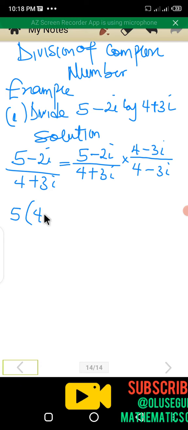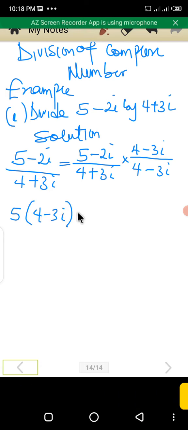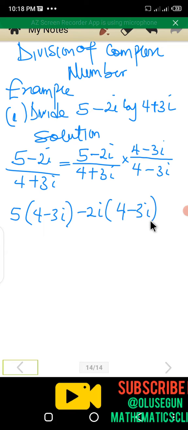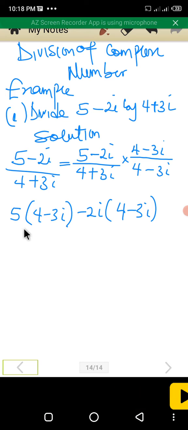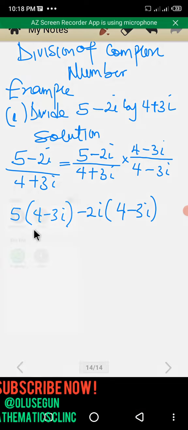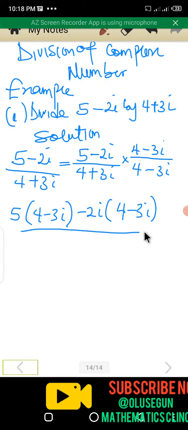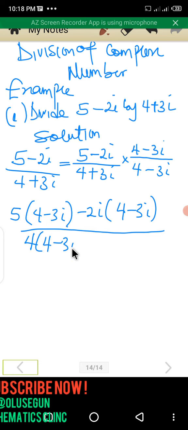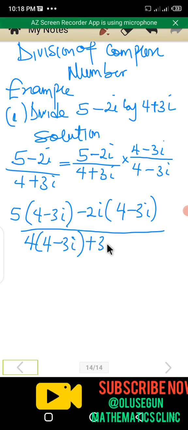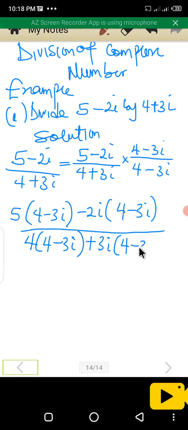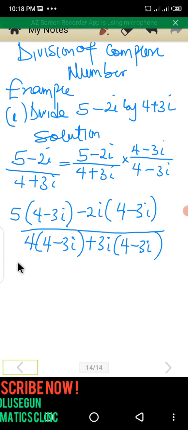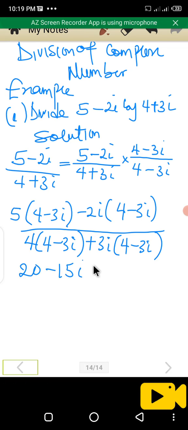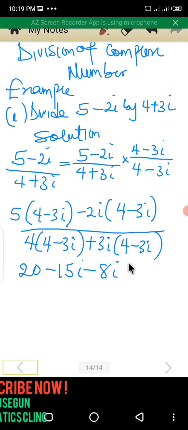5 times 4 minus 3i, minus 2i times 4 minus 3i, all over 4 times 4 minus 3i, plus 3i times 4 minus 3i. So we have 20 minus 15i minus 8i.